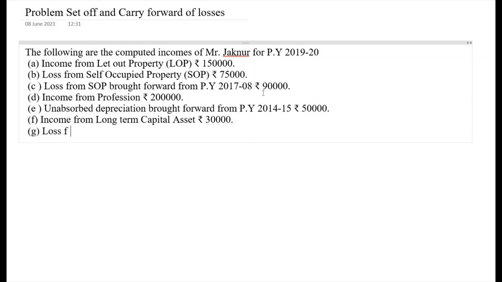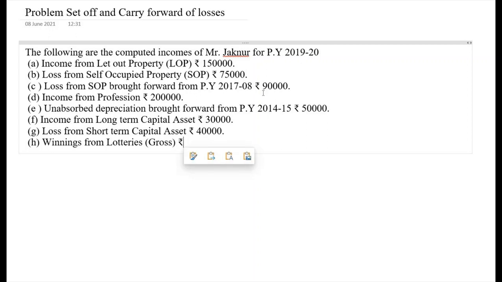Loss from short-term capital asset, rupees 40,000. Winnings from lotteries, in the bracket gross, rupees 50,000.